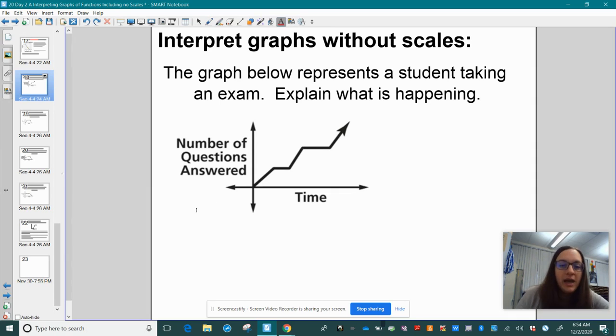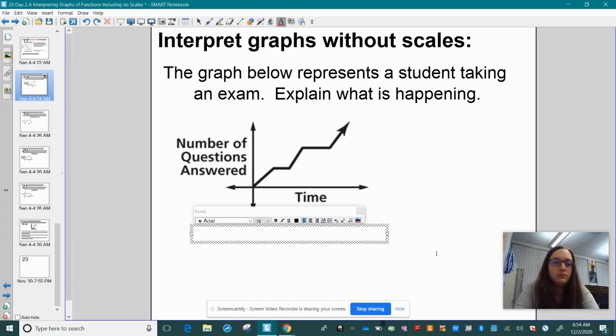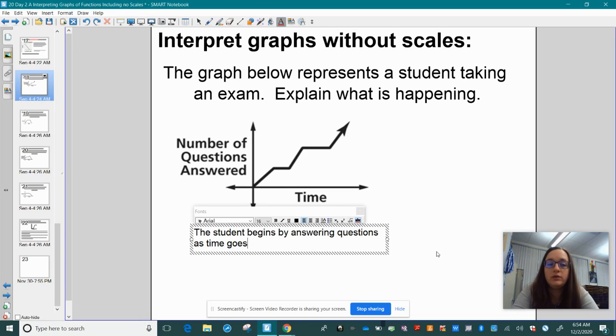Right? So we have to put words to this. A student begins by answering questions as time goes by, then stops answering questions or takes a break or works out a problem, right?